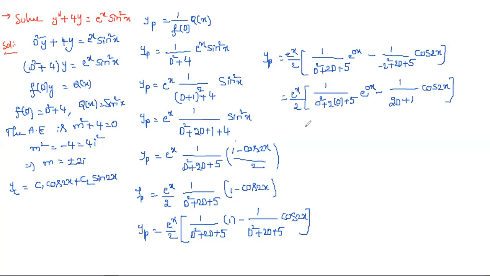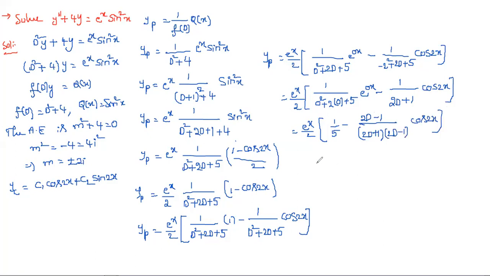And then e^x by 2. What about the remaining? Only 1 by 5, because 0 squared plus 0 and e^0x is 1. Minus, so rationalize this one: (2D minus 1) by (2D plus 1)(2D minus 1) into cos 2x.